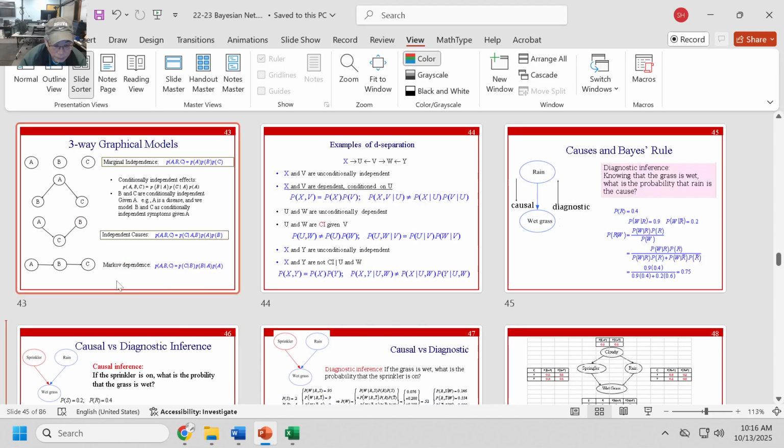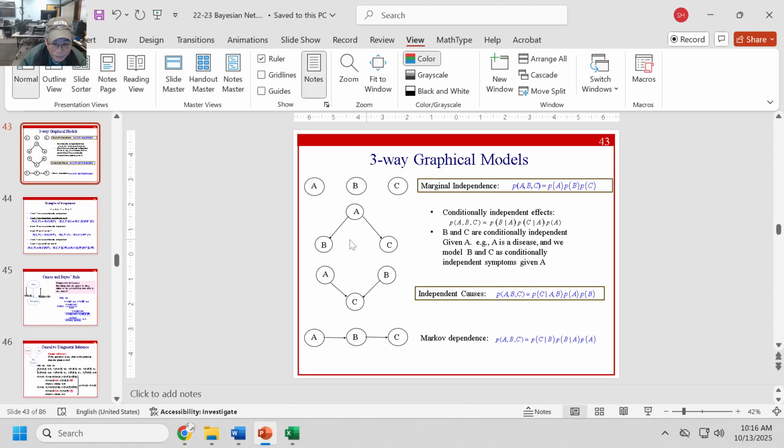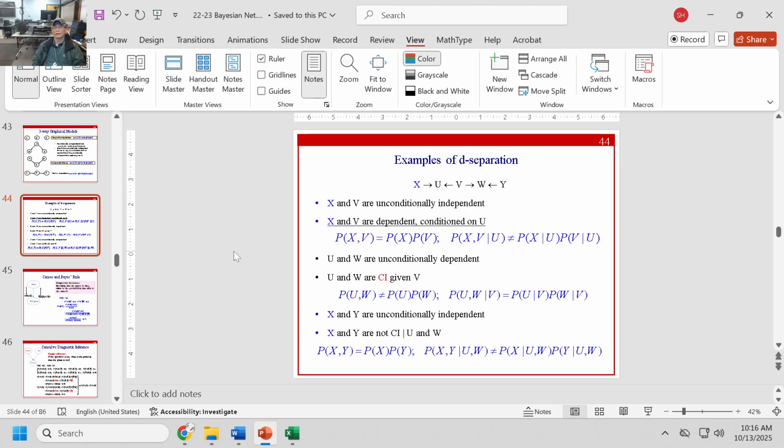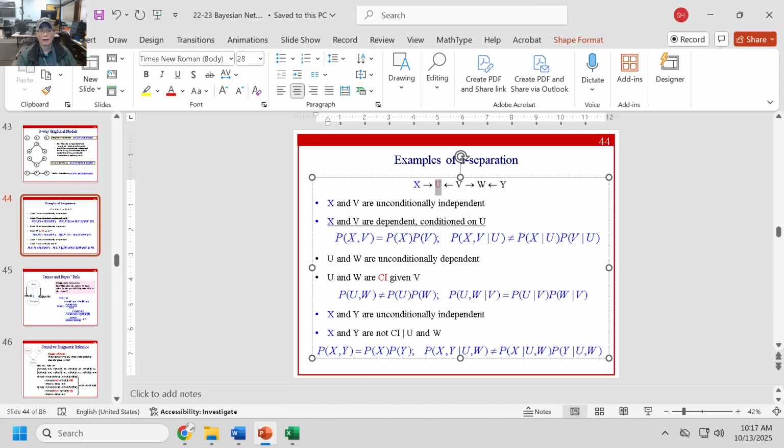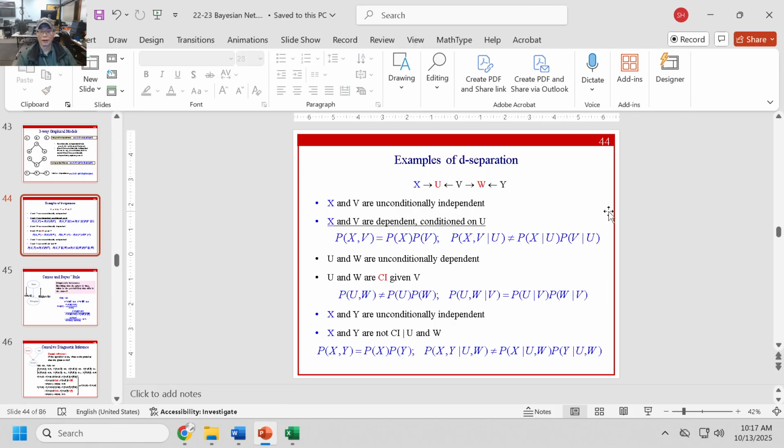Now let's do the names. In the d-separation, I have a choo-choo train like this. Let me make U red, W red.